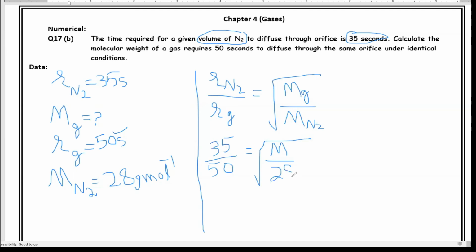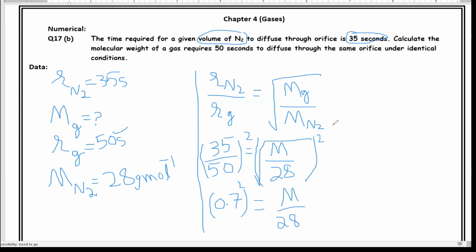grams per mole. Now taking square on both sides to solve the results. You take square on both sides to remove this under root, and your answer comes out to be 0.7 square, that's equal to under root cancel, molar mass by 28.